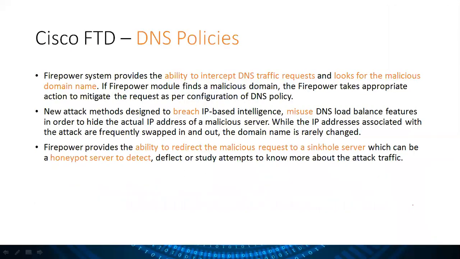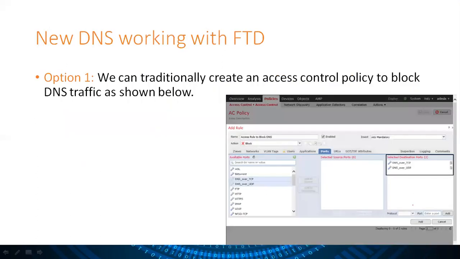And finally, the last point: if you have worked on Cisco FTDs, they also let us create DNS-based policies, which have the ability to intercept DNS-based traffic, look into the domain names and find out whether the domain names are malicious or not.